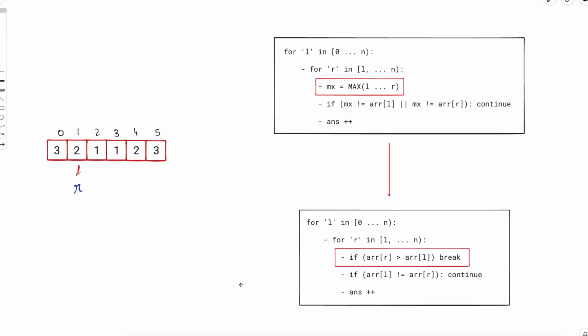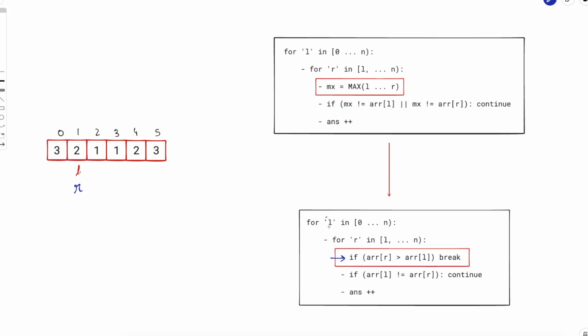So we can simply check whether the new element that is getting included is greater than the maximum element or not. And we already know that we want the leftmost element to be the maximum element. So we'll assume that array of L is the maximum element, and if we encounter any element which is greater than that, we'll simply break, because in that case the maximum element will not be array of L, and this condition will never be satisfied, so we simply continue and do not increment our answer.